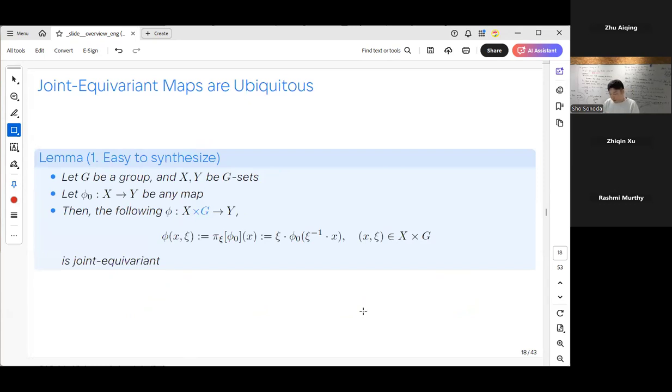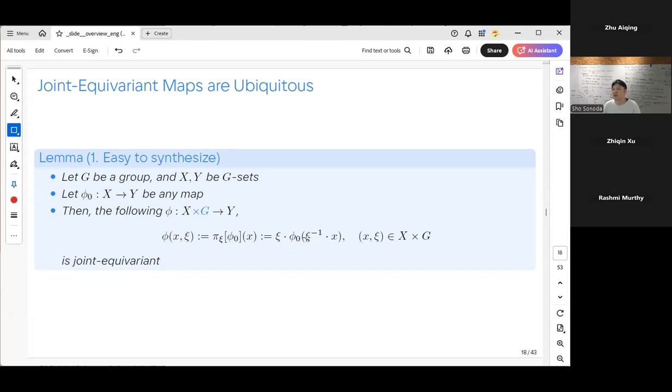And in addition, obtaining joint equivariant maps is very easy. Suppose you have an arbitrary mapping from x to y without any parameter, then act group G in this manner. This group action is sometimes called the regular action of group G on the function from x to y.